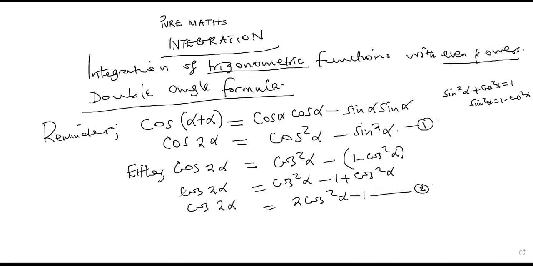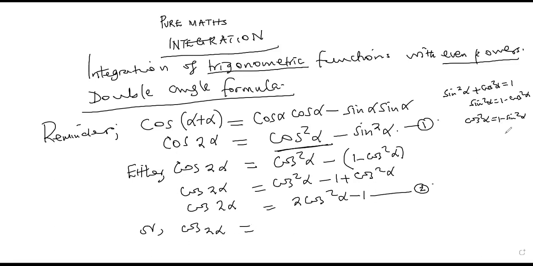Then another one, we can also bring out cos 2 alpha. Now we can also express cos squared alpha in terms of sine, meaning that cos squared alpha is equal to 1 minus sine squared alpha. Very interesting.